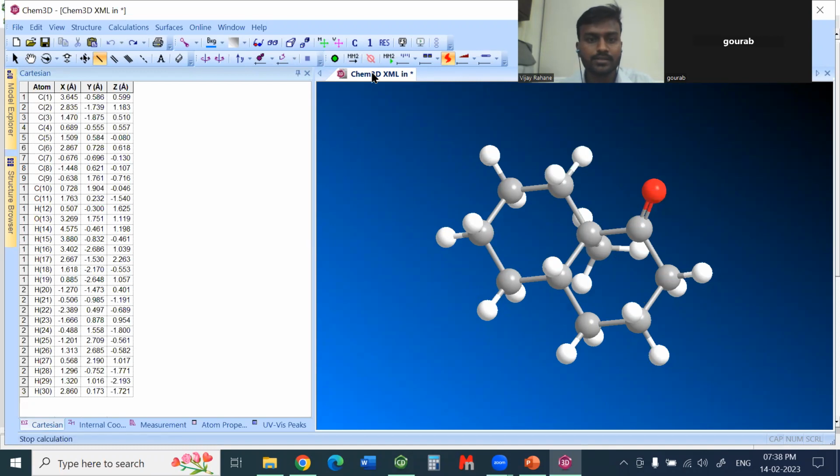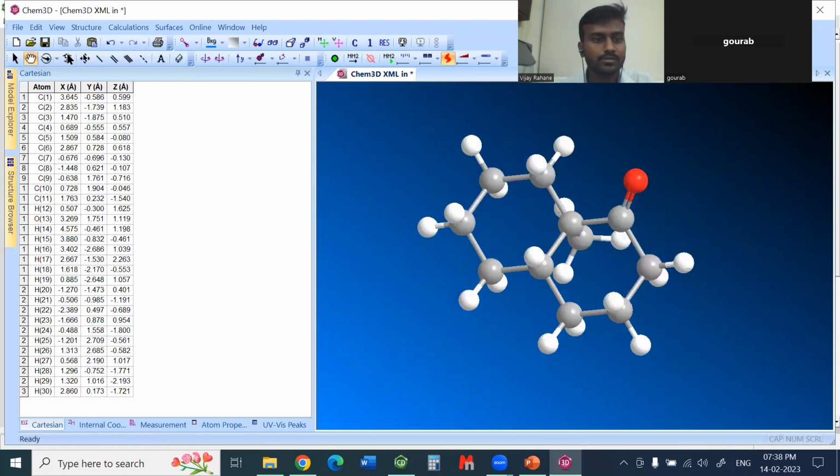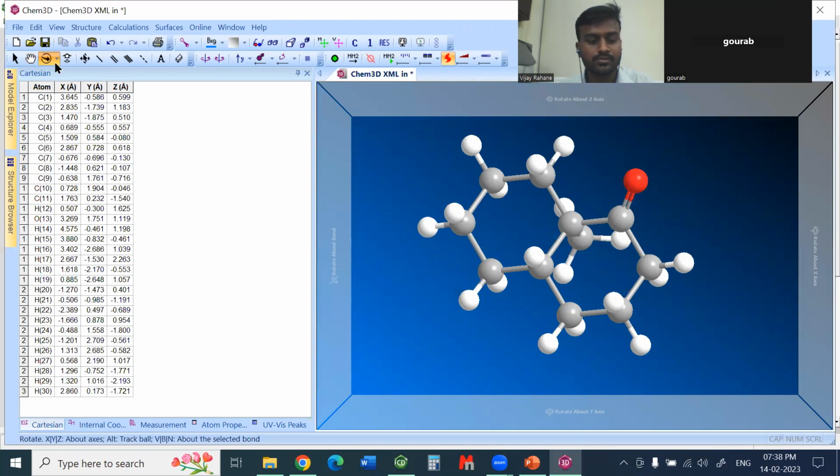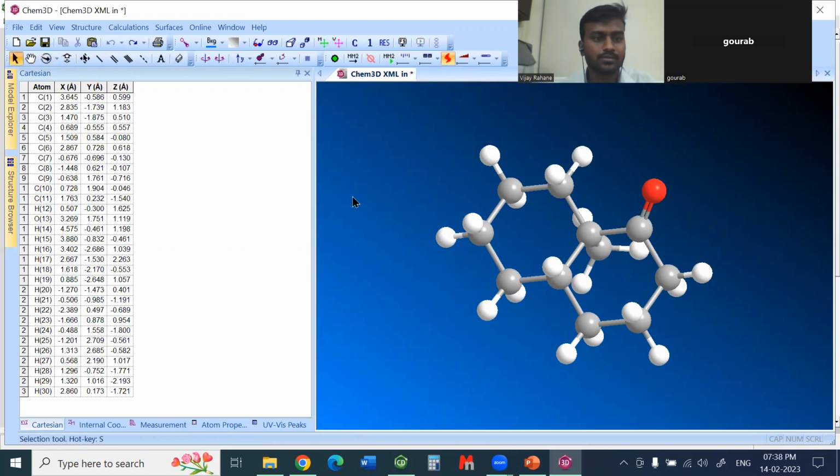So here you can visualize this molecule. I want to rotate this molecule.